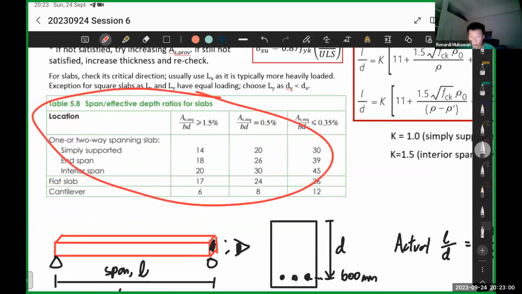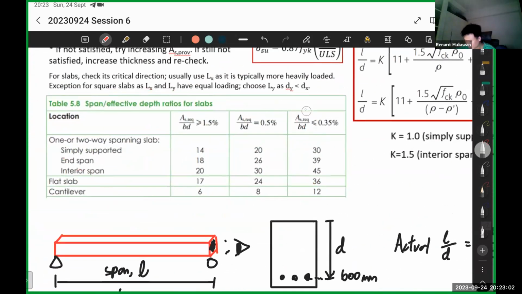So here's table 5.8. This one is actually rho. It basically says if rho is less than this value, then just use this for your span over effective depth. This one means L over D, basic L over D. So this is the case where rho is less than 0.35%.